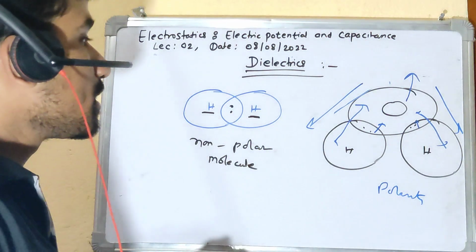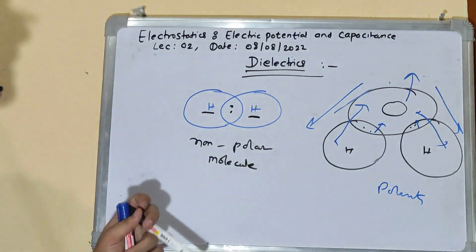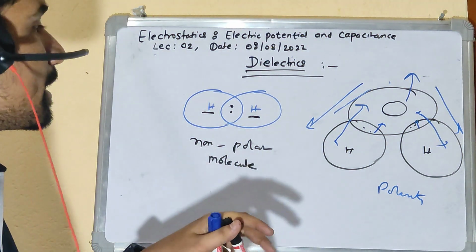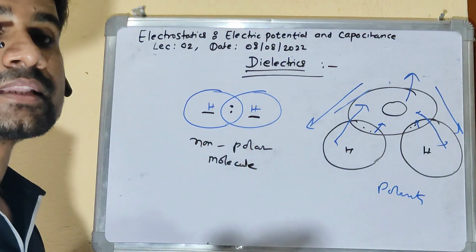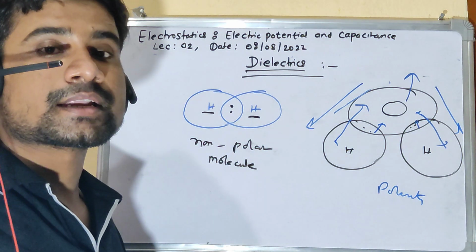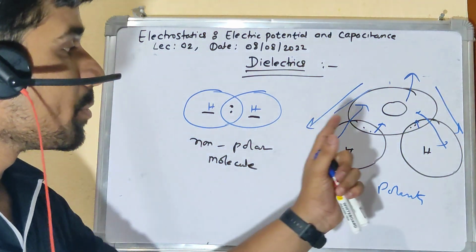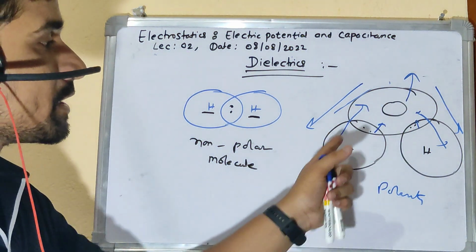And how are these two different? Here, if you see, the center of negative charge and the center of positive charge coincide, they overlap each other. But here the centers are different.